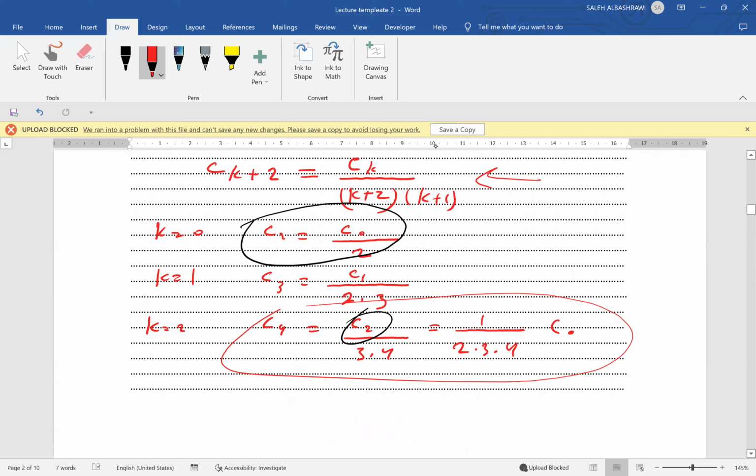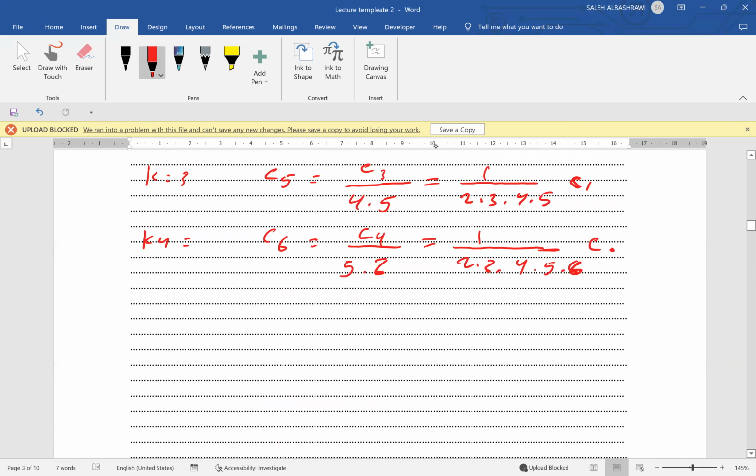It means if we expand this series, y can be written as C0 x to power 0 plus C1 x plus C2 x squared plus C3 x to power 3 plus C4 x to power 4, and keep going in this way.